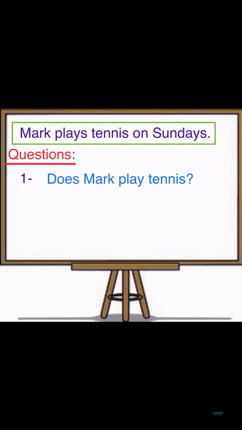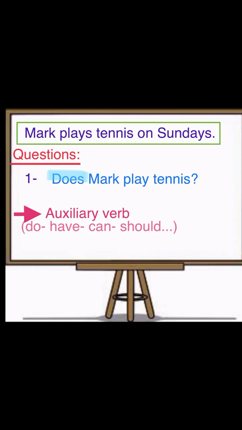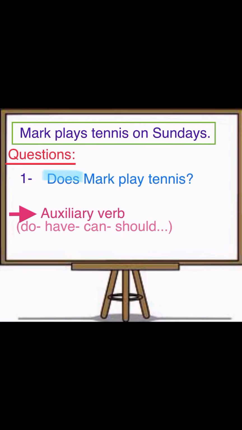Okay, now working on the same example, we're going to see the questions that we can make. The first one is by adding the auxiliary verb does or do. The normal one is do.